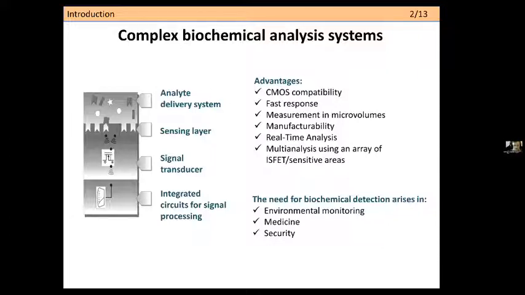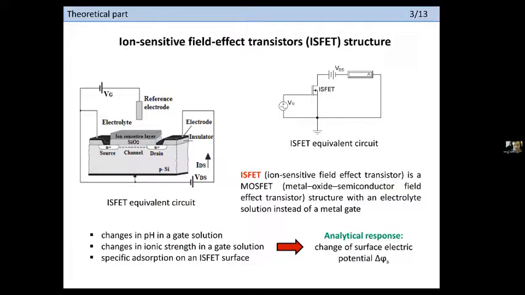One of the most popular devices used as a signal transducer is the ion-sensitive field effect transistor, or ISFET. An ISFET is basically a MOSFET transistor structure with the metal gate replaced with the electrolyte solution.